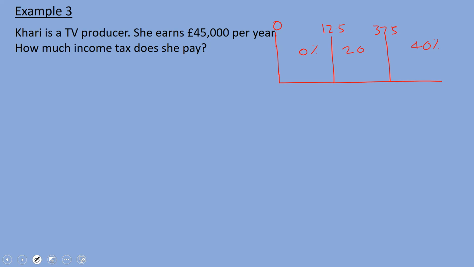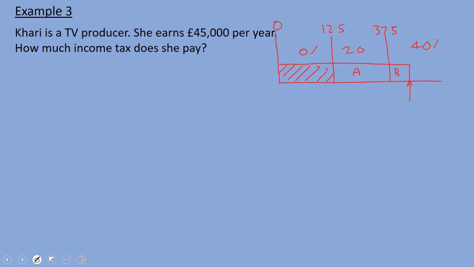Okay, so 45,000, which is what she's earning, takes us here. So here we've got our tax-free allowance, not going to pay any tax on here, and we're paying 20% tax on this part of her wages and 40% tax on this part of her wages.